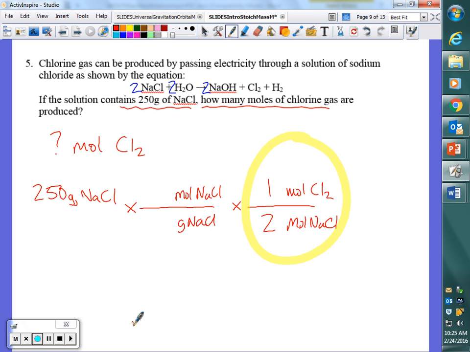Periodic table. In order to find our molar mass for this compound, what are you going to have to do? Add them up. Add together chlorine and sodium, right? 1 chlorine, 1 sodium.